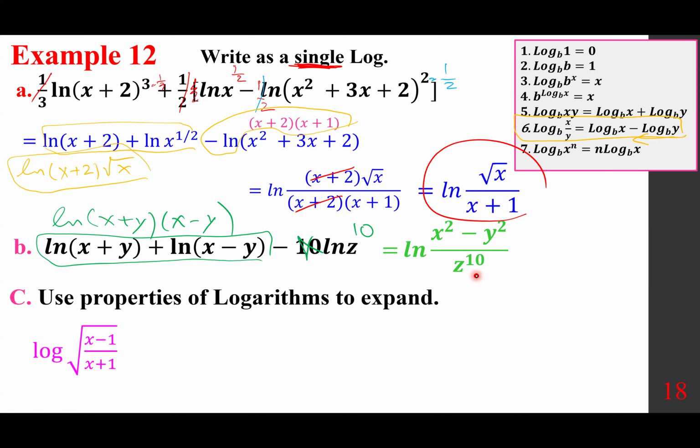Now let's go back and expand it. Get rid of the square root and make this to the power of 1/2. So it's log of x minus 1 over x plus 1 to the power of 1/2.